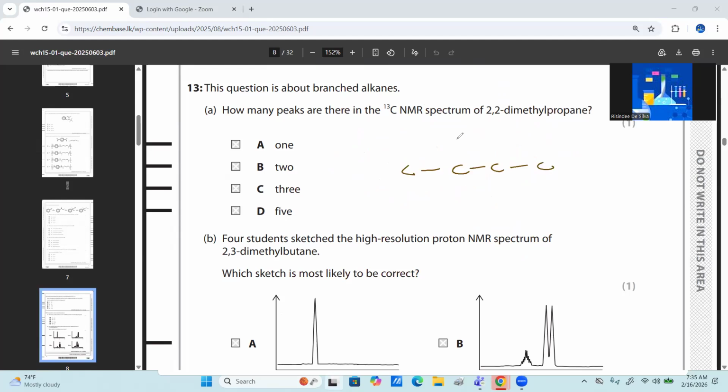We have to have 2,3-dimethylbutane, something like this. CH3. Anyway, it has a center of symmetry, right? If I put the methyl group here, then you see it's identical, right?